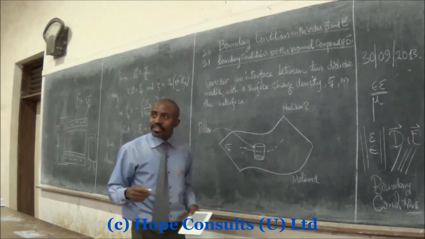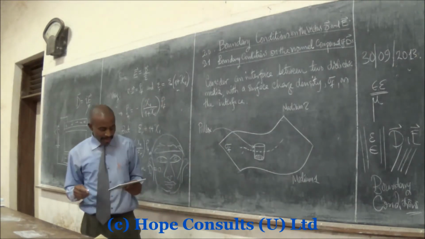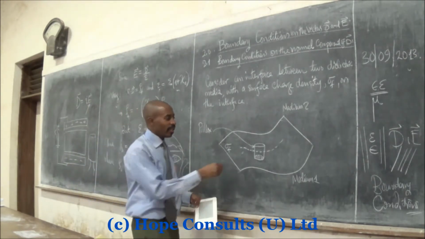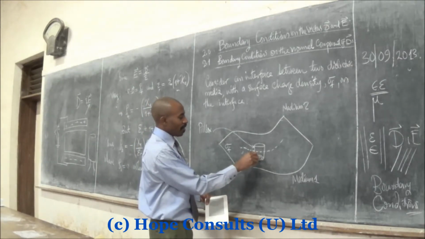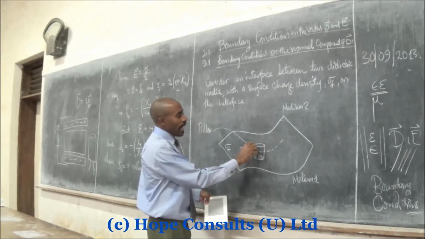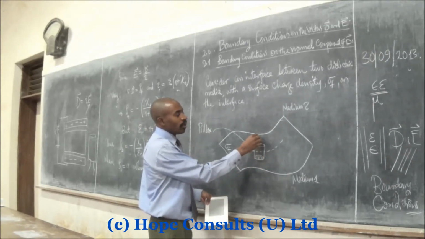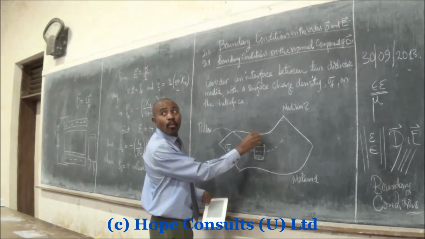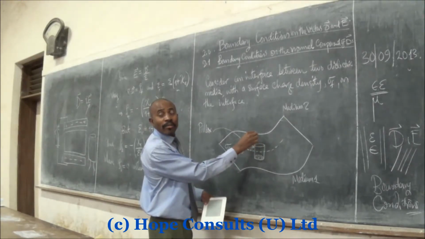And of course, we can only apply Gauss's law on this pillbox by knowing how much is going through normal to its surface.